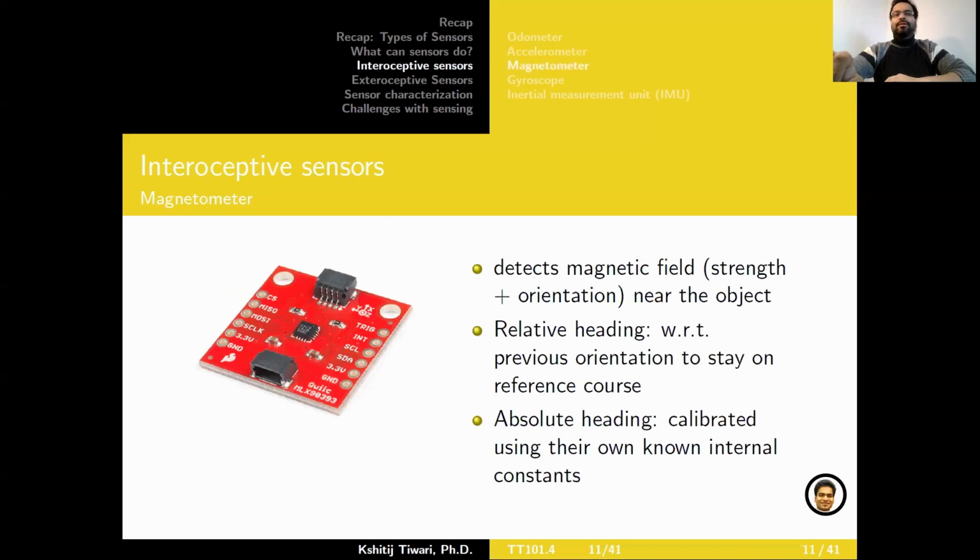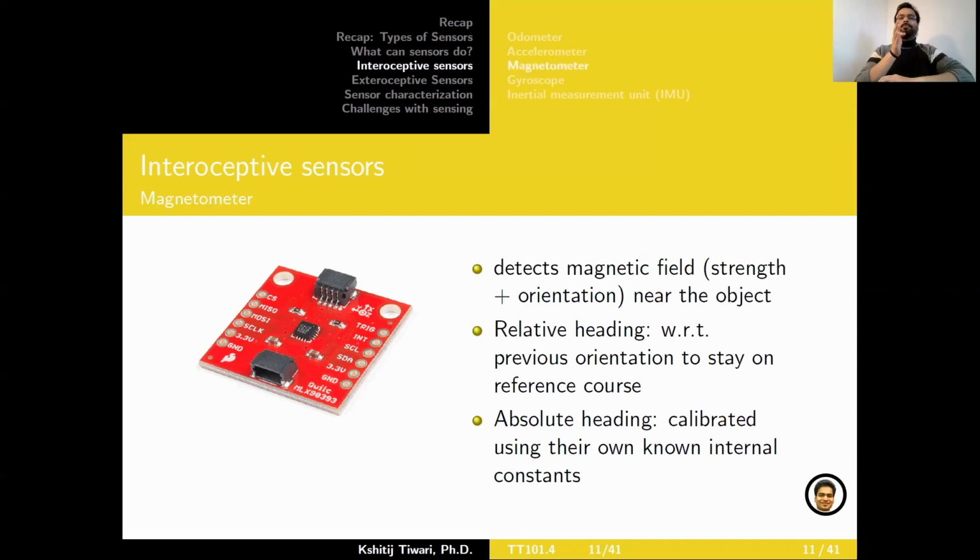Then a magnetometer. It's a 3-axis magnetometer in this case, and it's just an example device with the chip that I've taken here. It could be of different kinds. But as the name suggests, it detects a magnetic field, both the strength and the orientation near the object where you're placing the magnetometer. It could be operating in one of two modes. One is it could give you the relative heading.